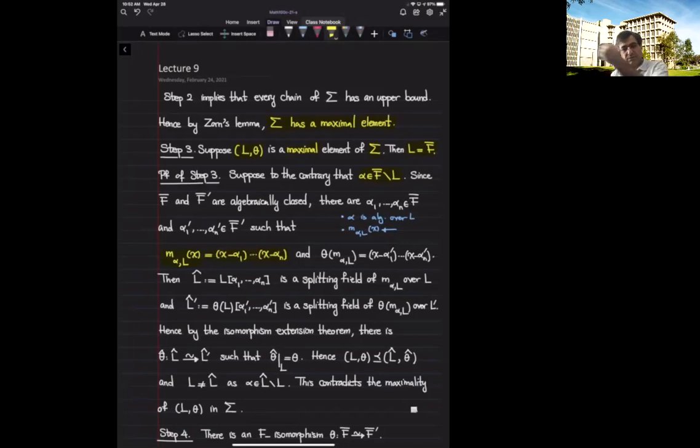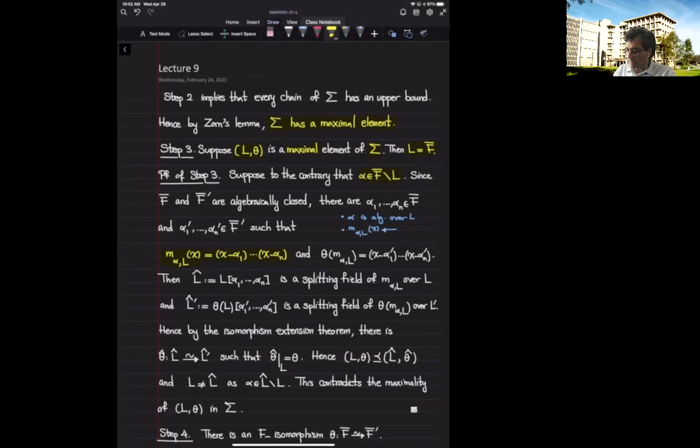Now let's use the map theta that we have. Apply theta to alpha. Or I can apply theta to the entire minimal polynomial of alpha. So it's better to say it like this.